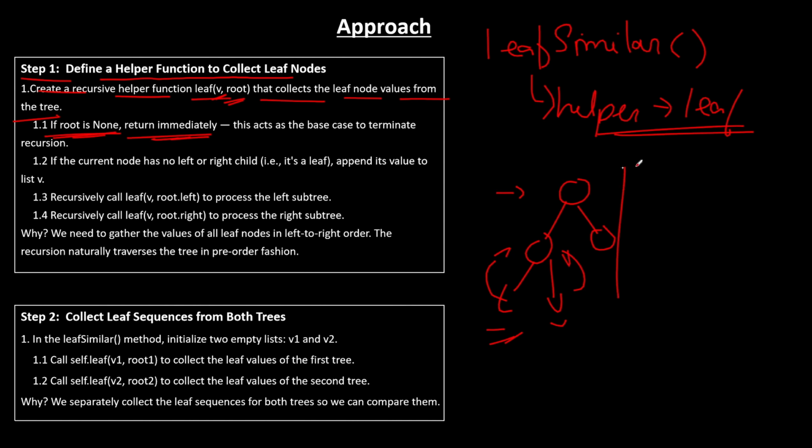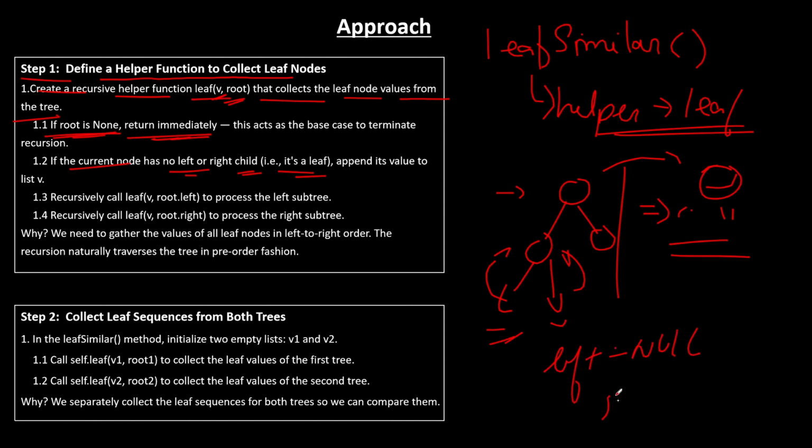And also, if you don't have the tree itself, if the given tree is null, then also we return. If the current node has no left or right child, it's a leaf. As we saw in the conditions before, if left is null and right is also null, we store it into the list and go back.